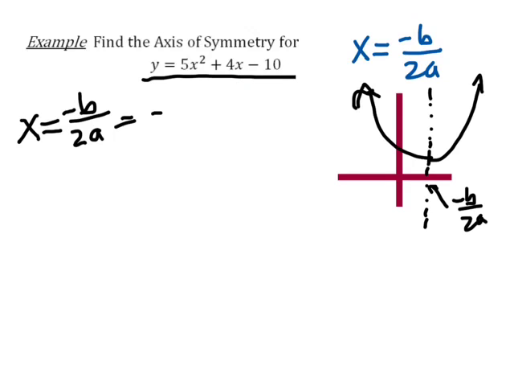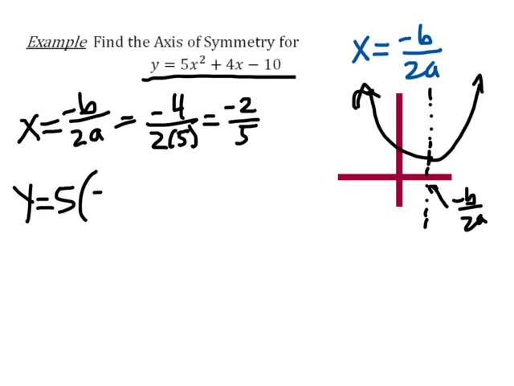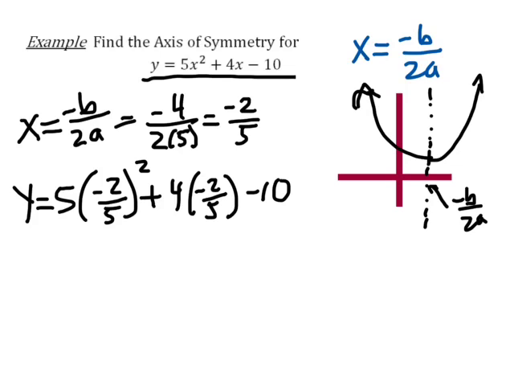And so we have negative b over 2a, which is going to give us negative 4 over 2 times 5, which is negative 4 over 10, or negative 2/5 when it simplifies. So we now have the x-coordinate of our vertex. If we want the y-coordinate of our vertex, let's just substitute: 5 times negative 2/5 squared plus 4 times negative 2/5 minus 10.